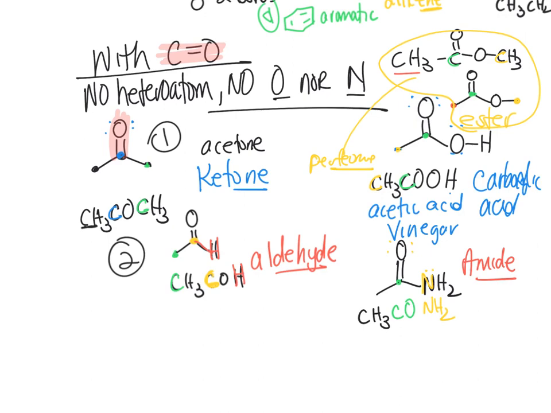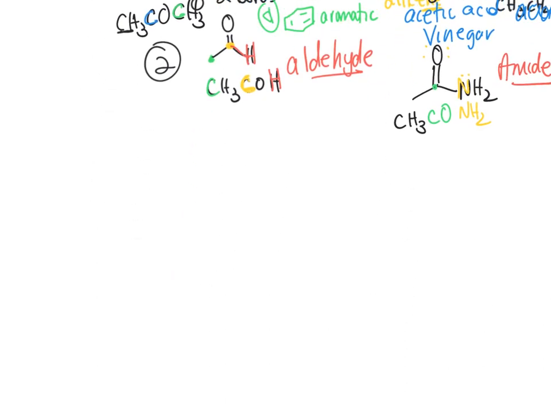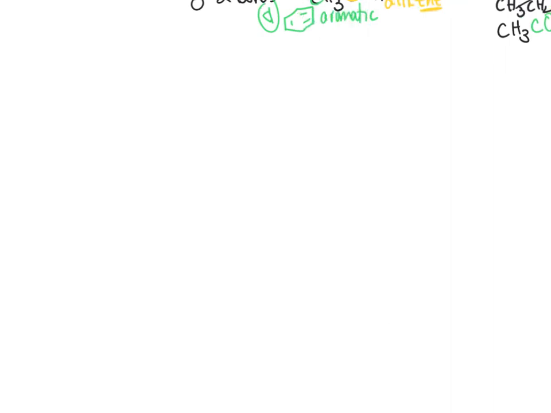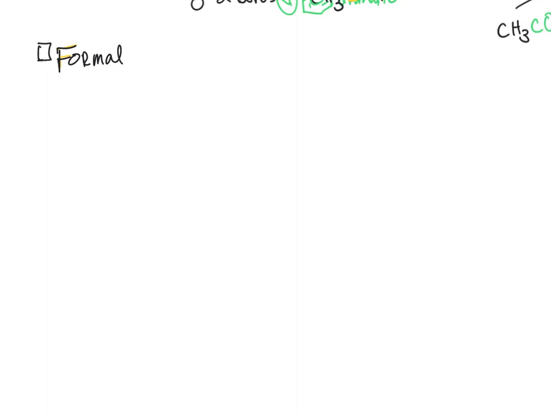Now, for today's lesson, start learning those functional groups. But today's lesson is really focusing on a little bit more review of the Lewis structures, but we need to cover formal charge, how to do formal charge. So I'll put my learning objectives here. You need to be able to assign formal charges to molecules.